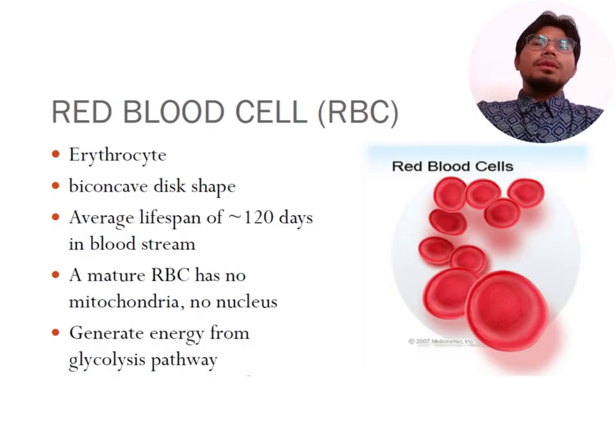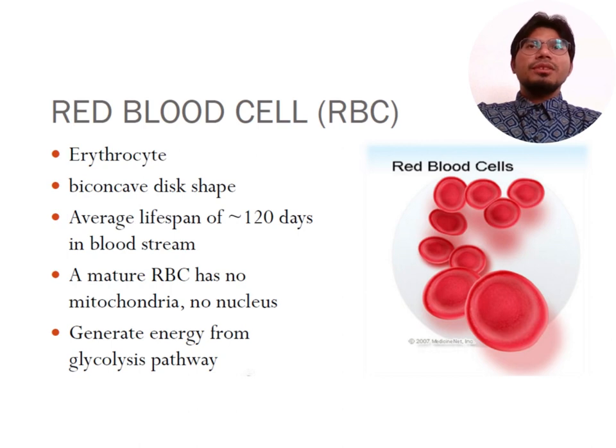Okay, the second component of formed elements is the erythrocyte, which is another name for red blood cell. Some characteristics of the red blood cell: it is a biconcave disc shape. It's just like putting two plates together back to back. That indicates the anatomical structure of the blood cell.